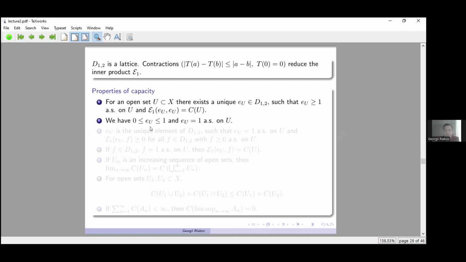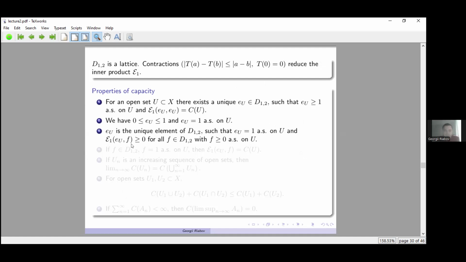In fact, this function EU takes values from 0 to 1 and equals 1 almost surely in U. The function EU can be characterized as follows.